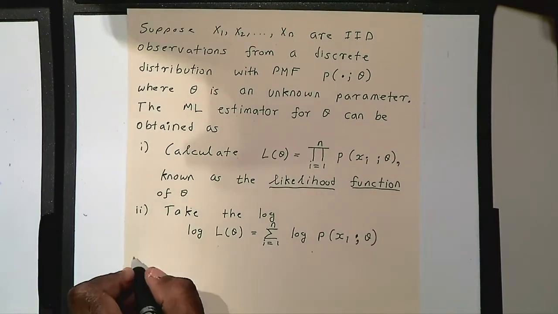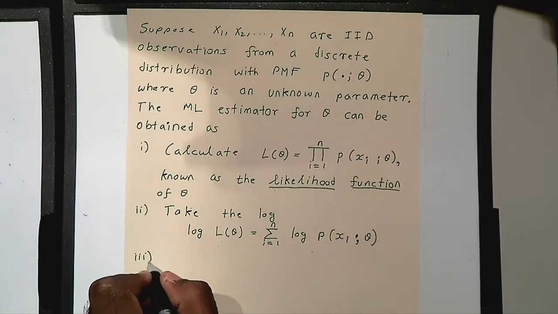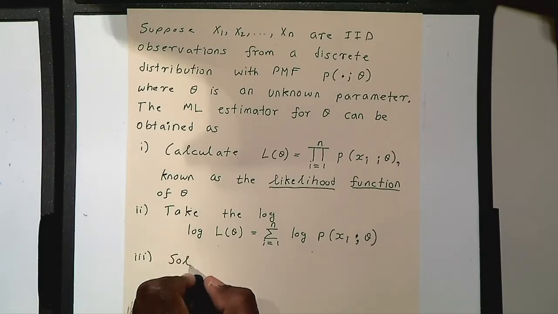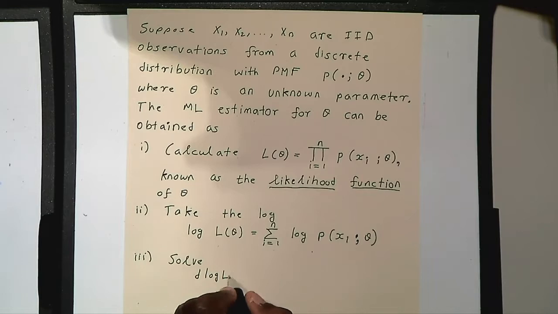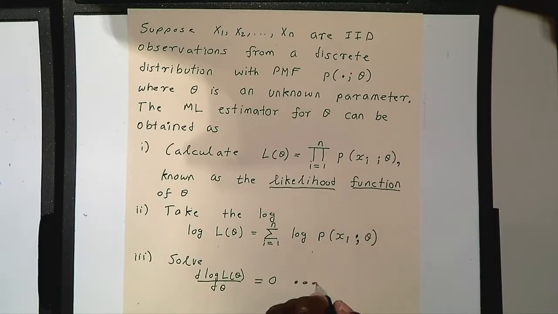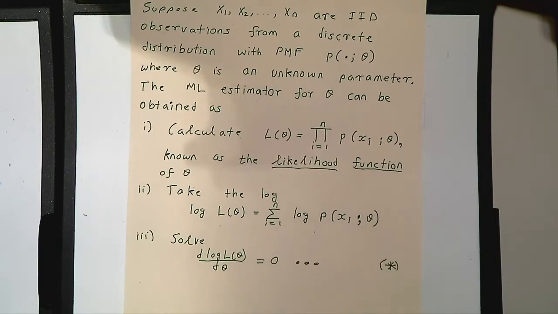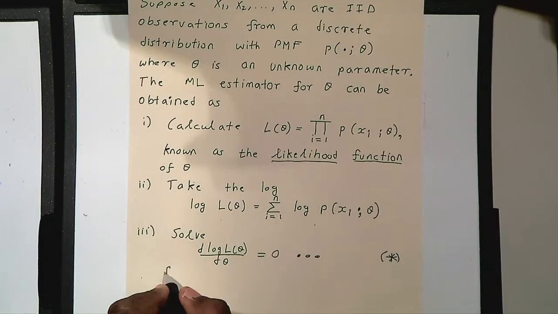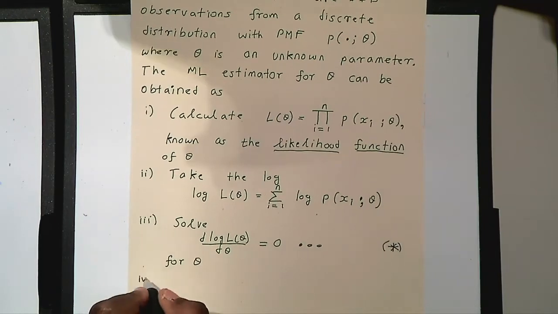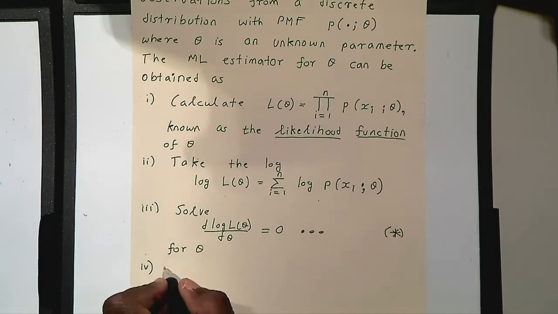And step number three is the same. So you solve this equation. Let me call this star once again, for theta. And step number four is the same once again.